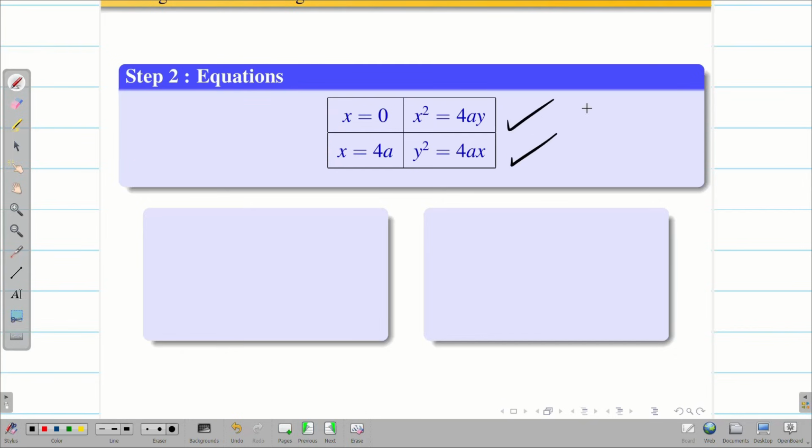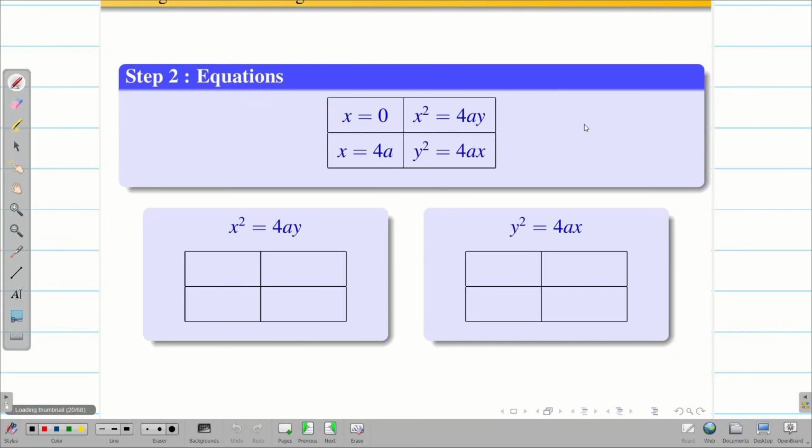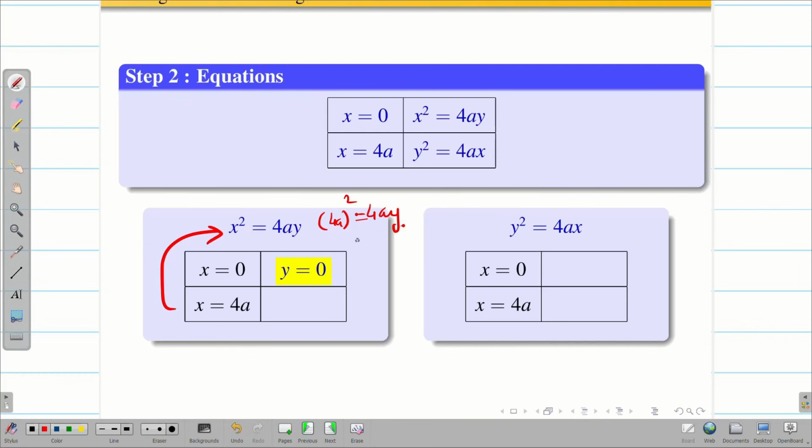Now we have to find what points these two parabolas pass through. So as usual, take down these two equations. Now we know x equal to 0 and x equal to 4a. Substitute x equal to 0 here, we get y equal to 0. Then substituting x equal to 4a, we get 4a whole square is equal to 4ay. Now cancel 4a, we get y equal to 4a. Similarly, substituting x equal to 0, you get y equal to 0.